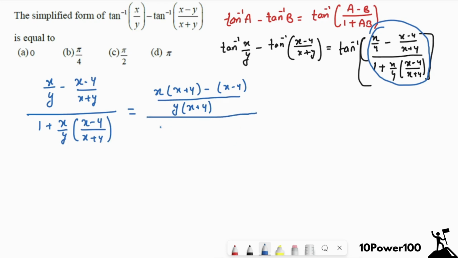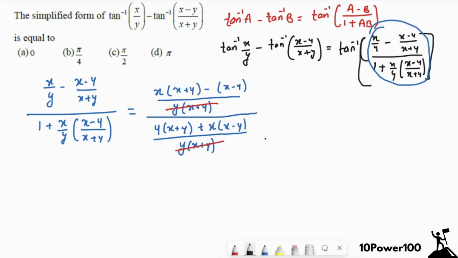Now the denominator, we get y of x plus y plus x of x minus y all divided by y of x plus y. Now if you observe, the numerator denominator and denominator both get cancelled out.